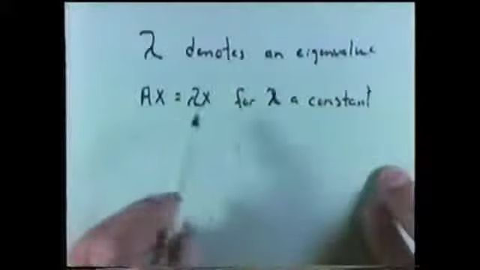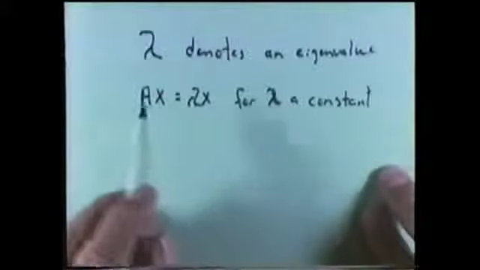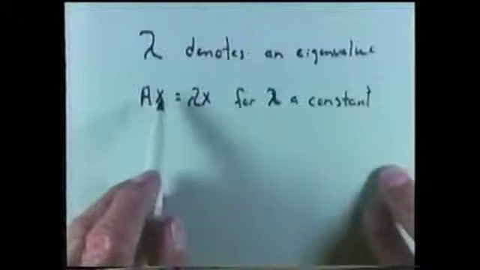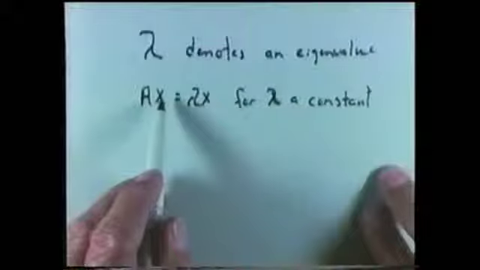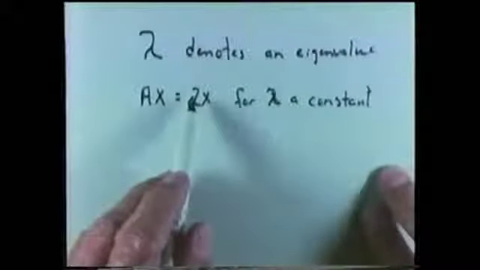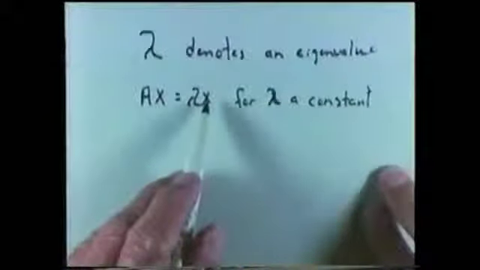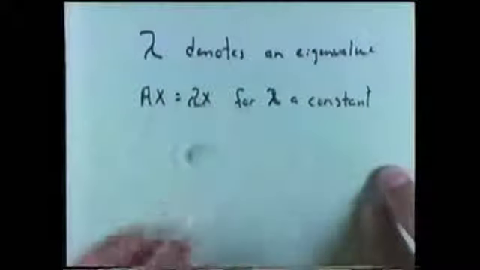So what we're saying is, is there a constant lambda such that matrix A times column vector x is equal to a scalar lambda times the column vector x? So this is what we were looking for.